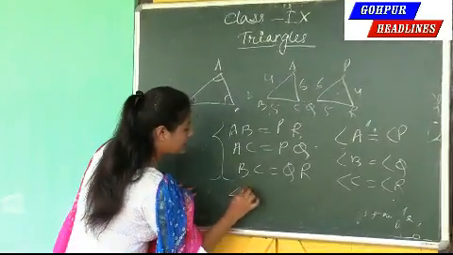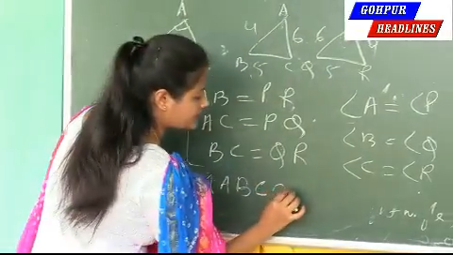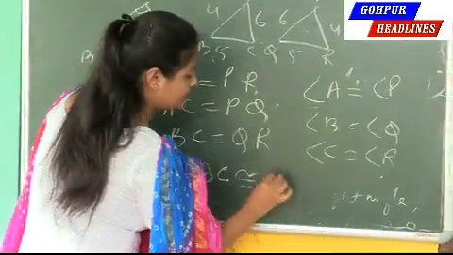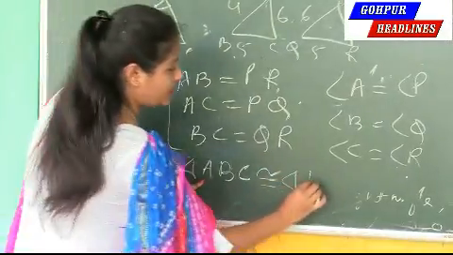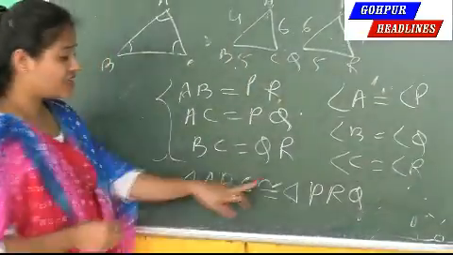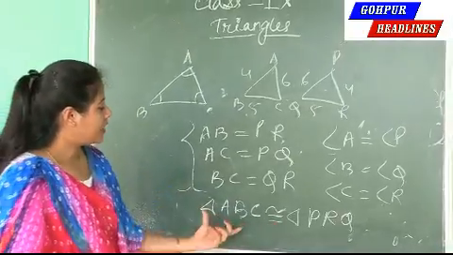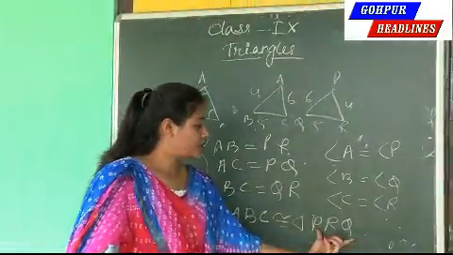So here the symbol of congruence: triangle ABC is congruent to triangle PQR. Now this is the symbol of congruency.